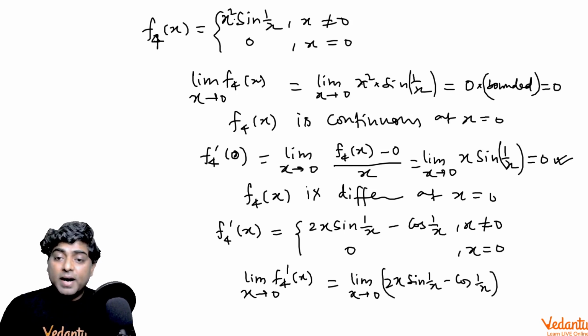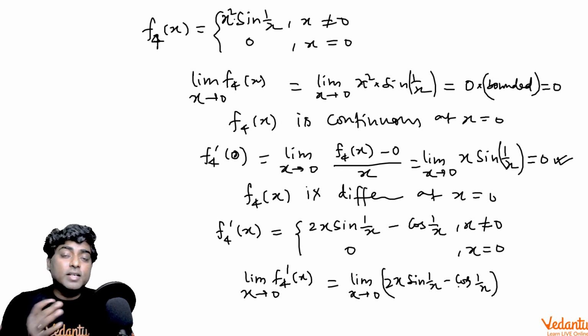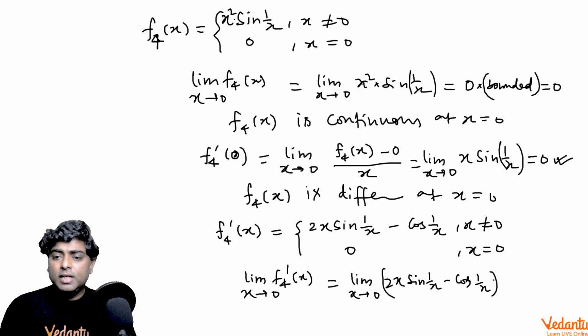But the second part, minus cos 1 by x, fluctuates very rapidly between minus 1 and 1 near 0. It does not have a unique tendency, it will not go to a unique number. So this limit does not exist.